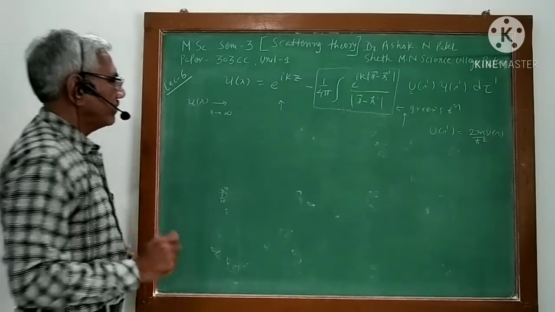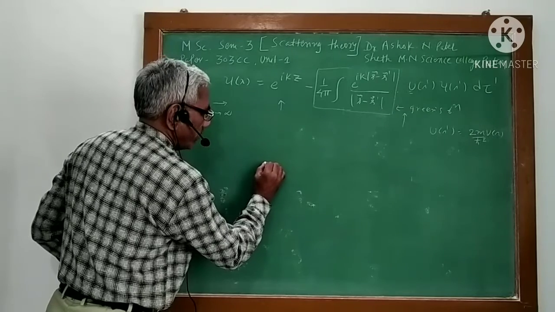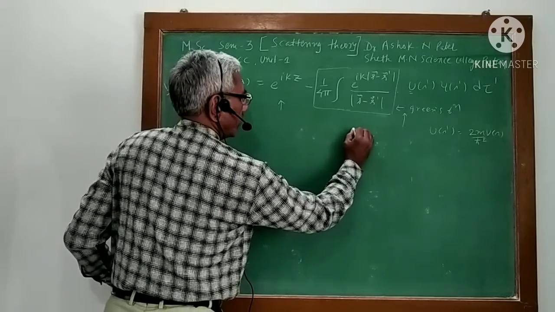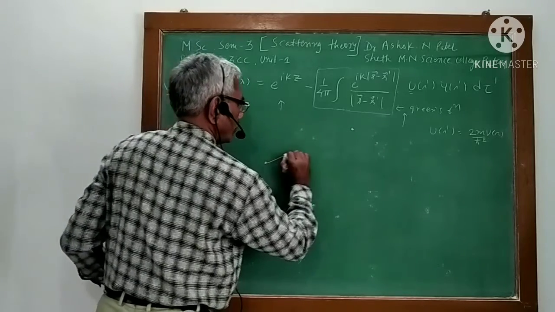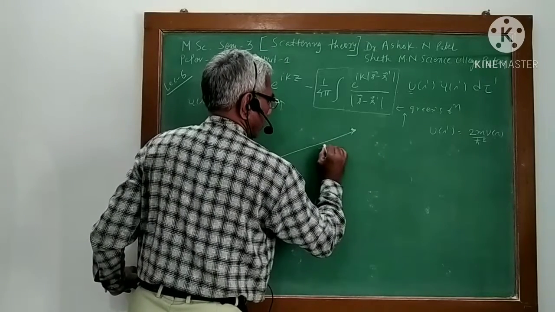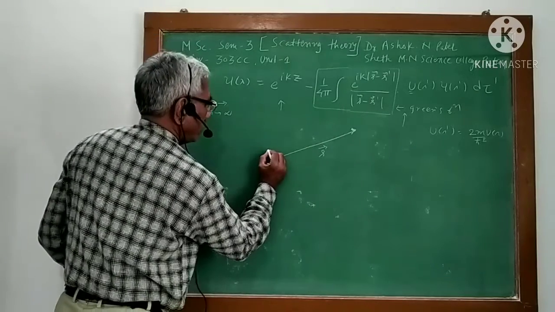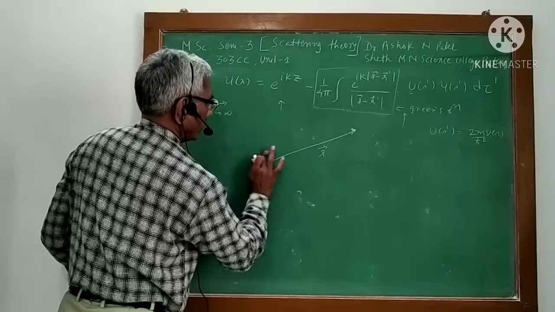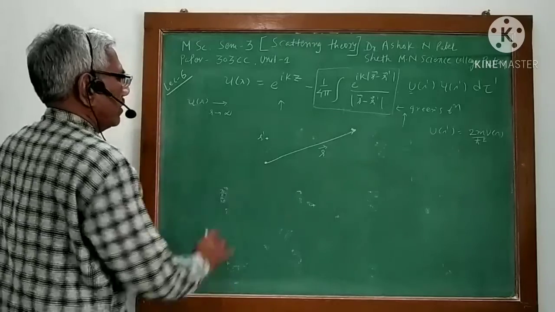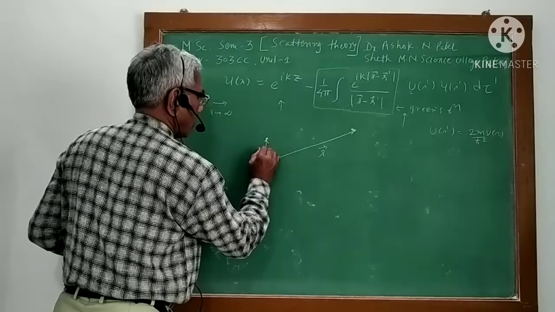Let us draw the figure. This is one point, and you are finding the potential at this point. So this is your r. Now another point is over here, and this is r dash.